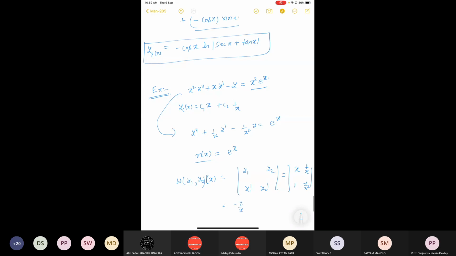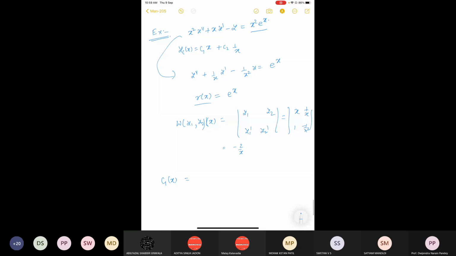Can you calculate c1x? C1x is equal to minus rx y2x divided by the Wronskian of y1 and y2. Please make a habit of writing down the formula first. So rx is e to power x, y2x is basically 1 by x, and the Wronskian is minus 2 by x.